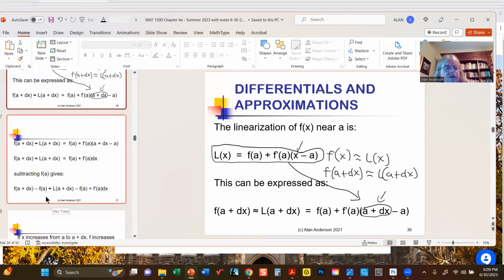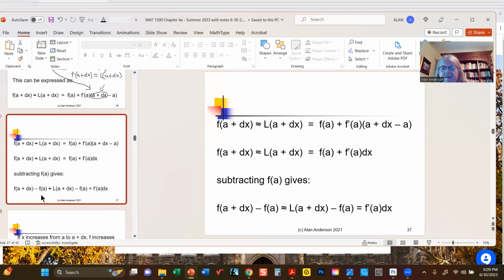After a bunch of algebra, we end up with this. So the first derivative at a given point a can be thought of as the linearization of a plus dx minus f of a.